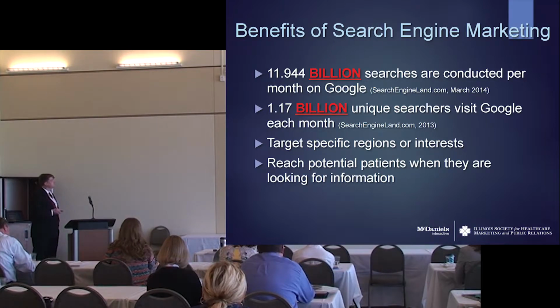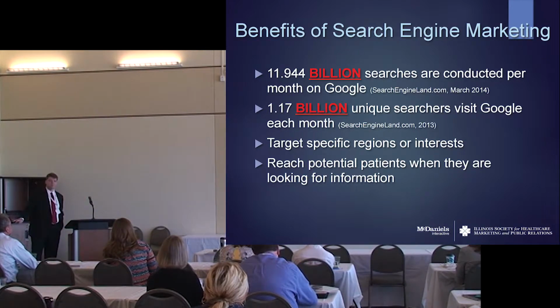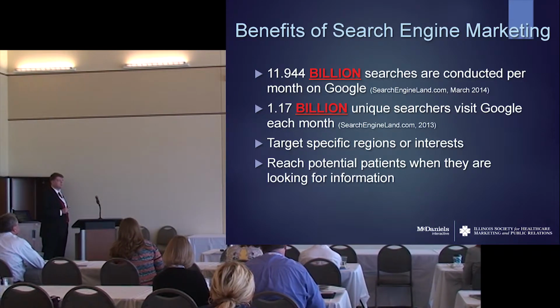Another benefit of search engine marketing, and this ties really into the mobile component, is you can target specific regions. You can target people in a specific area if you want to focus, rather than just doing a broadcast coverage of an area. When you're advertising on a television station, you get their entire broadcast area, whether or not it's relevant to your specific customer base.